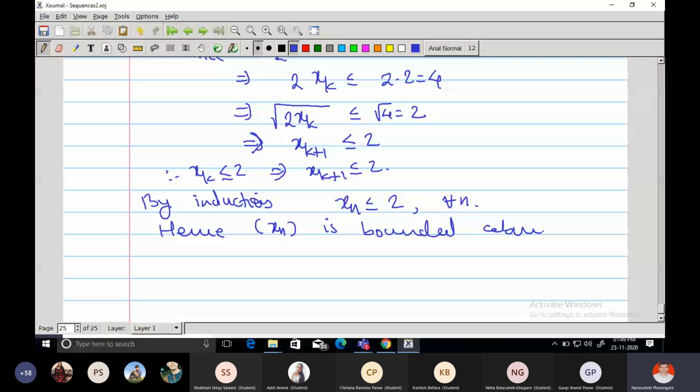Therefore, by the monotone convergence theorem, what can we say?